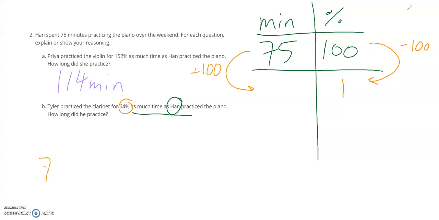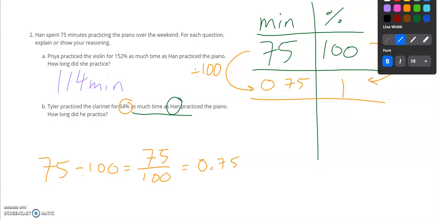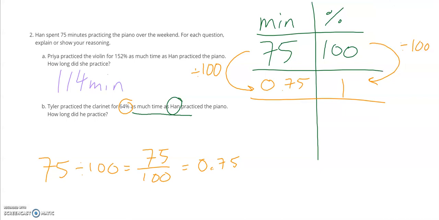We did this earlier. 75 divided by 100 can be written as a fraction, 75 100ths, which we write as 0.75, 75 100ths. This is 1%. We need 64%. So if I know what 1% is, I can find 64% by multiplying by 64.